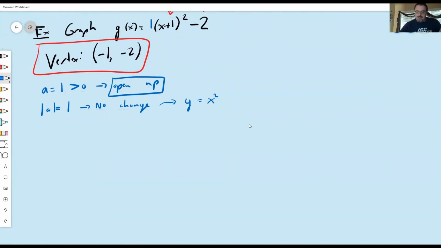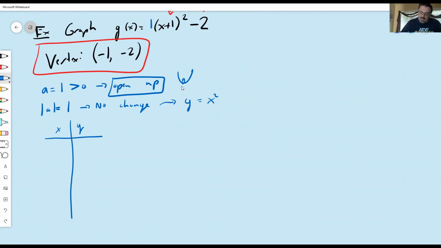Now, once we have all this, we need to graph it. I know it opens up. And I know it's very similar to y equals x squared in terms of shape. But we need more points. So the simplest way for me is just to make a table. Now, the vertex, right, when you open up, the vertex is right here at the bottom. So it means everything comes up from the left to the bottom.